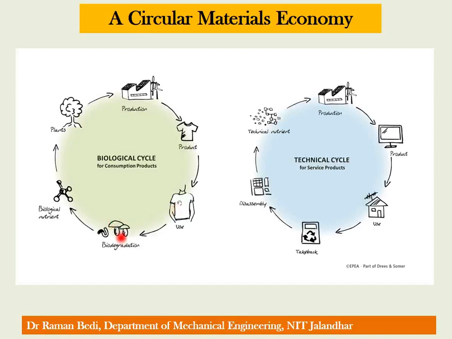At the end of it, because it is totally biodegradable, it will degrade, and the biological nutrients will then go back into the environment, and those nutrients will again be fetched by the plants, and then the circle is complete. So this is as far as the biological cycle is concerned. And then comes how the same thing can be implemented in a technological cycle or an industrial cycle.